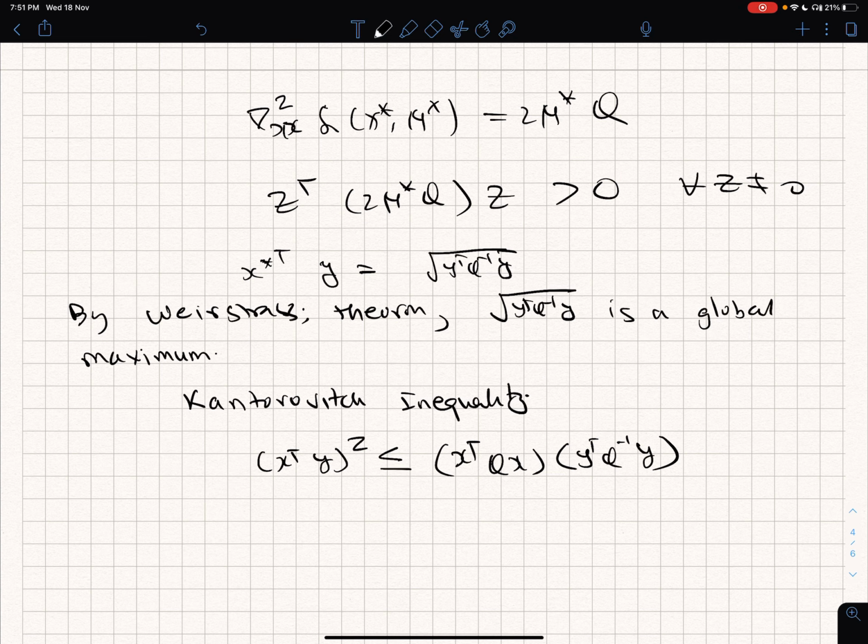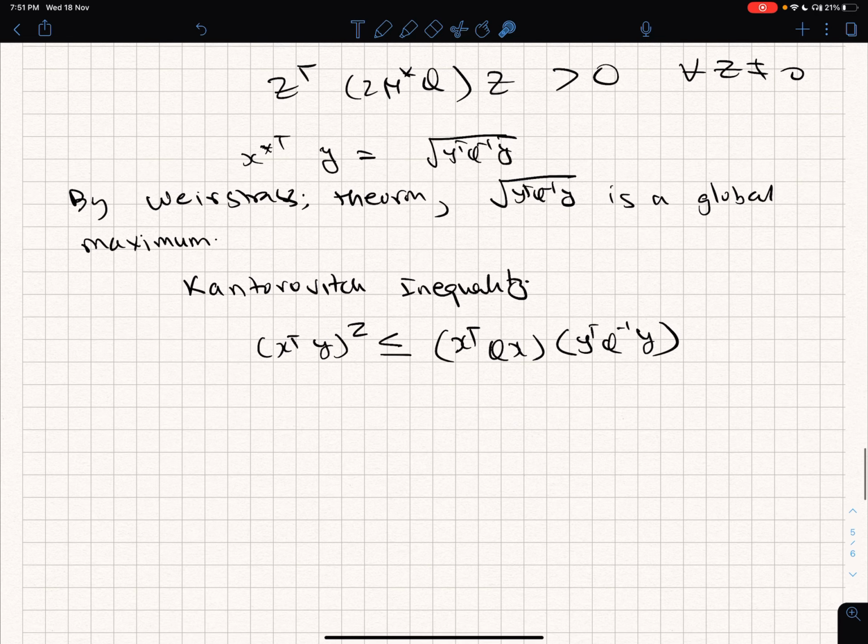In other words, this dot product is less than or equal to the square root of this. Both of these numbers are positive because q is a positive definite matrix and q inverse is also a positive definite matrix.